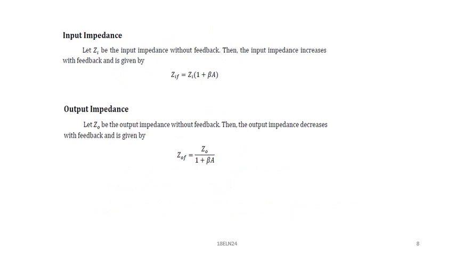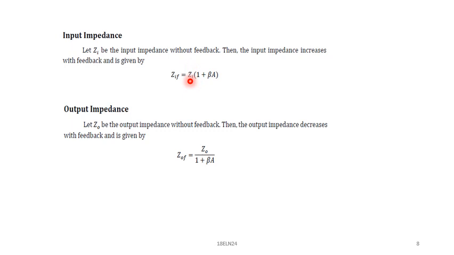So input impedance, as I mentioned in the block diagram, the ZA indicates the input impedance without feedback. Then input impedance increases with feedback. By using a feedback network, there is an increment in the input impedance. You can observe this equation, ZIF is equal to ZA into 1 plus beta into A. So for input impedance, the 1 plus beta A term is multiplied.